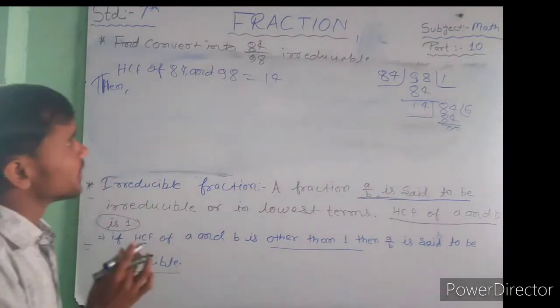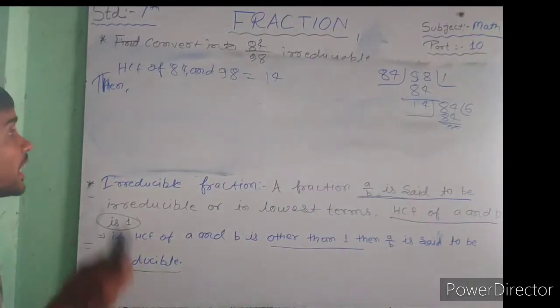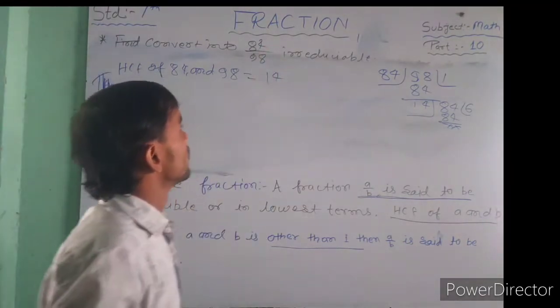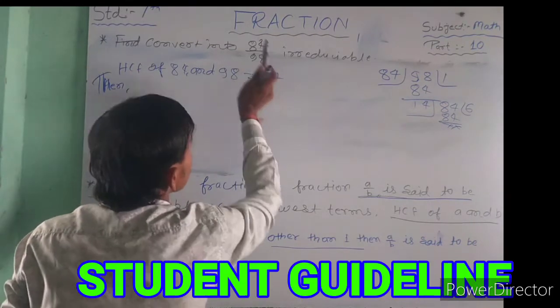Then divide. The HCF is equal to 14. The denominator is 98.